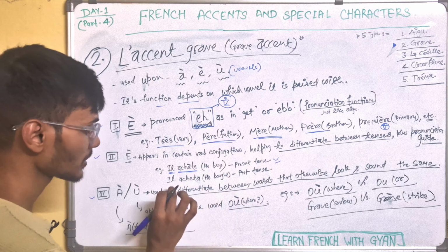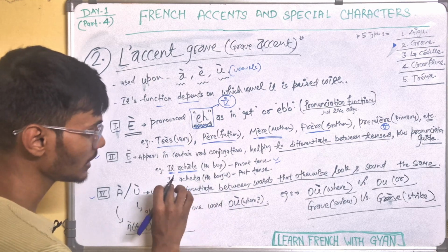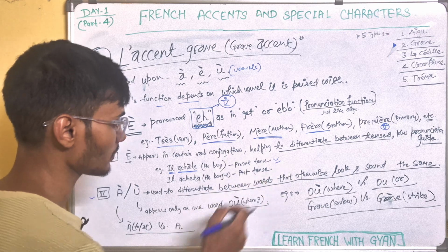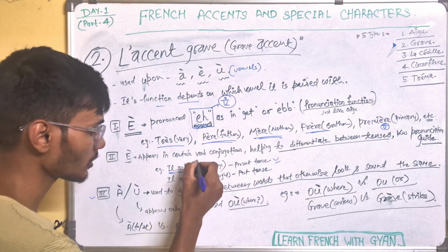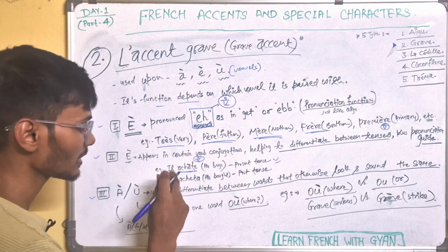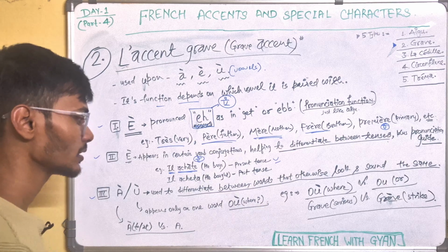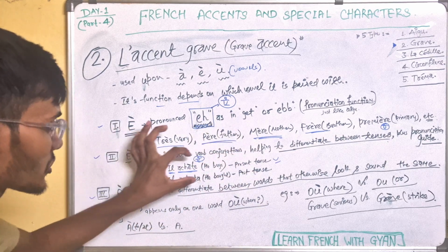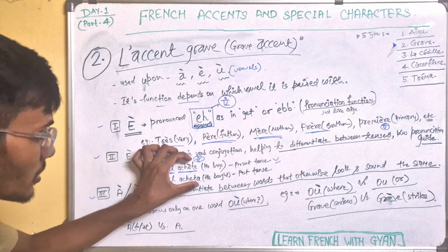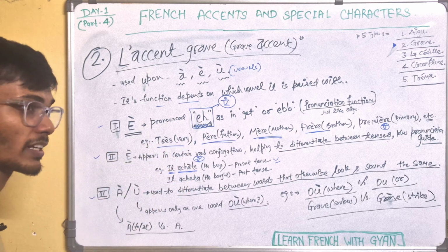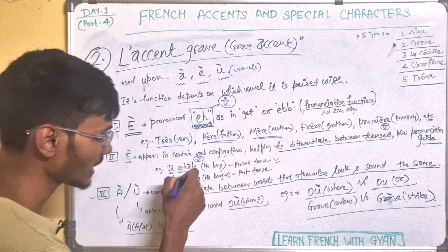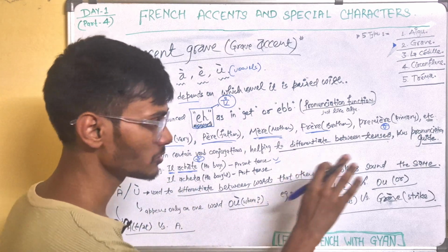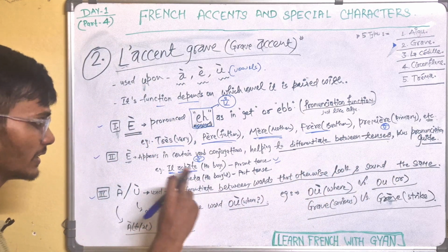And this is the simple past, il acheta. So here we got this sound. We can differentiate between these two tenses, il achète and il acheta. You can see the phonetic differences. This accent creates this whole differentiation between them, and pronunciation also differs in this case.